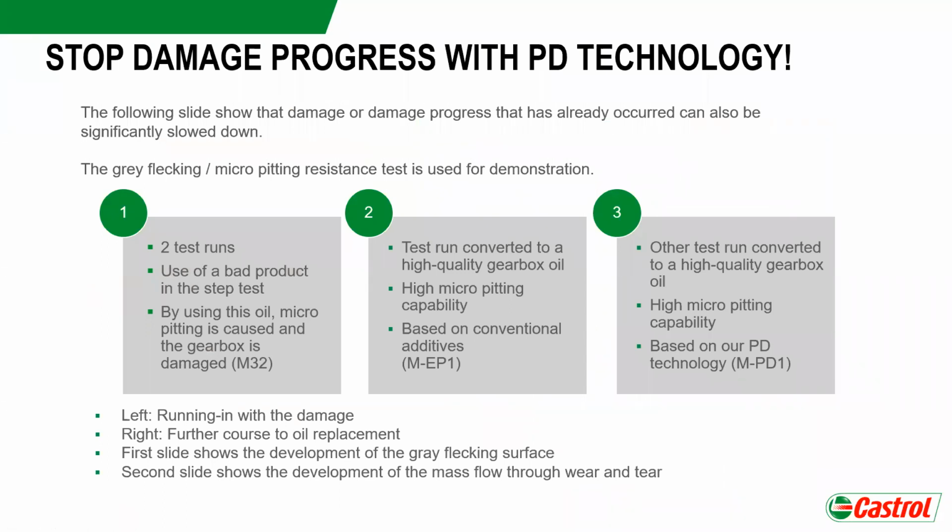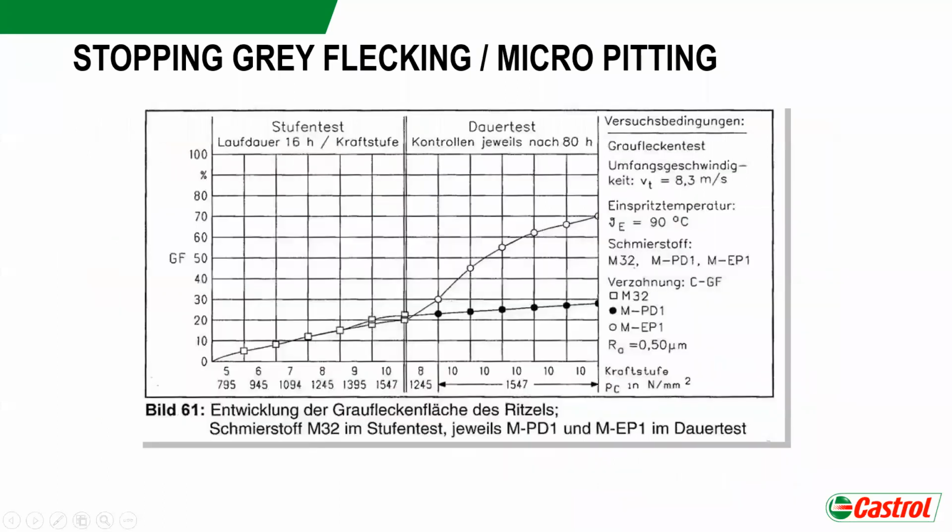You can not only reduce your energy consumption with PD technology, but you can also stop damage progression. If you go to the next slide, please, you can see a typical micro-pitting test recording.